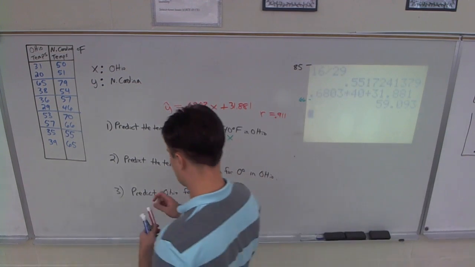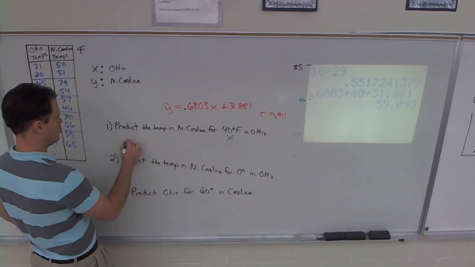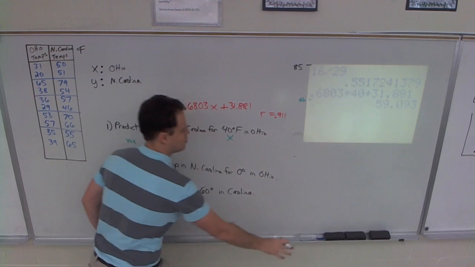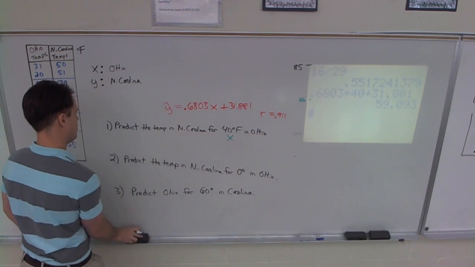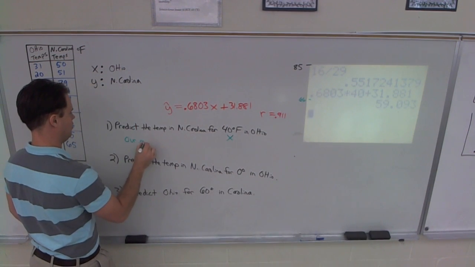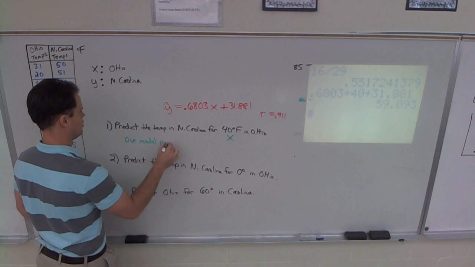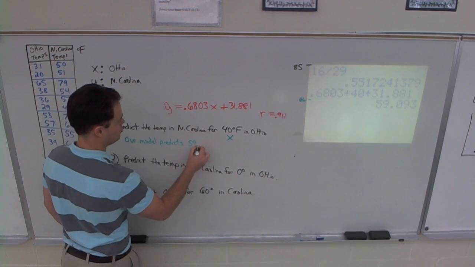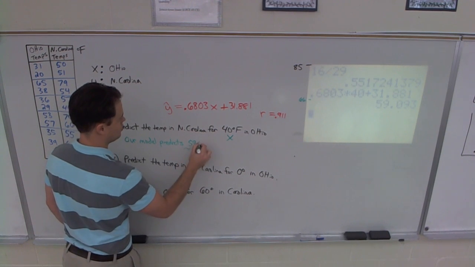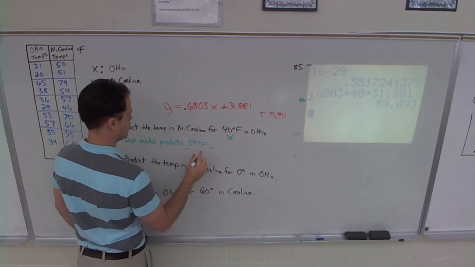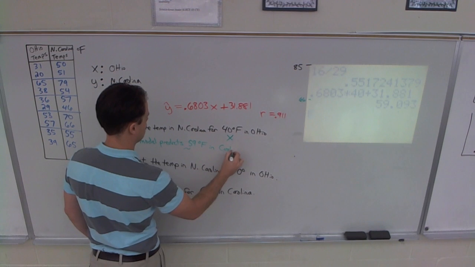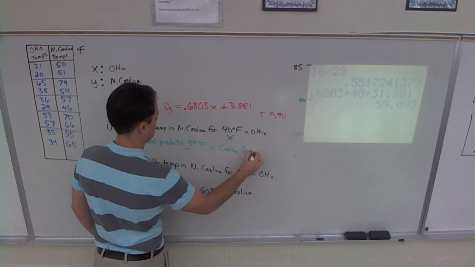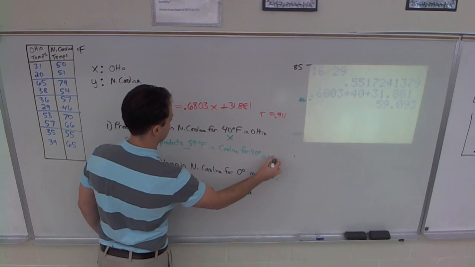So there's my first prediction. Our model predicts about 59 degrees Fahrenheit in Carolina for 40 degrees in Ohio.